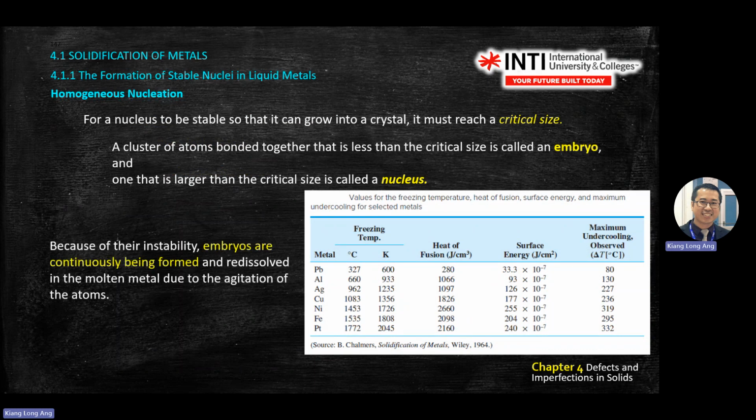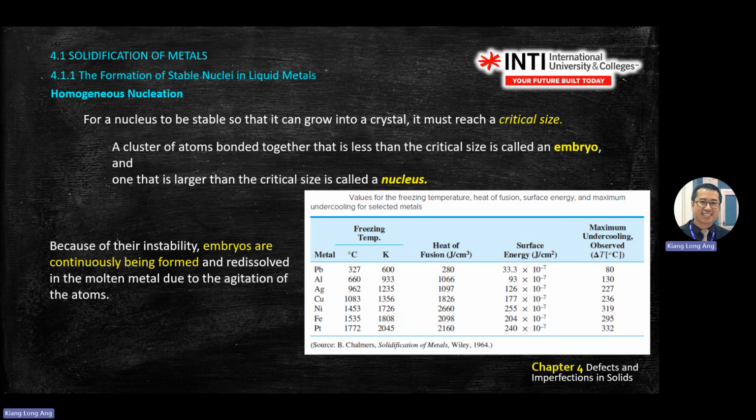Let's say your critical size is A. If your size is less than the critical size, it's called an embryo, like a small baby inside the mother's womb. You haven't come into the final shape, right? Once it is larger than the critical size, they call it nucleus.